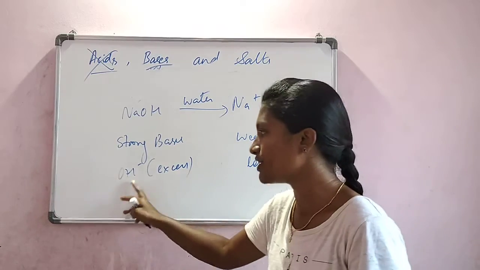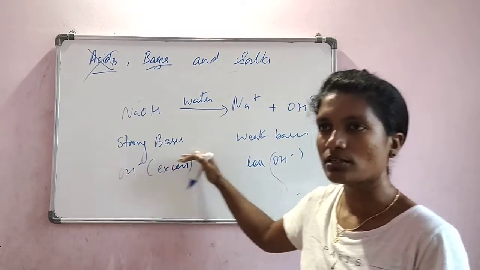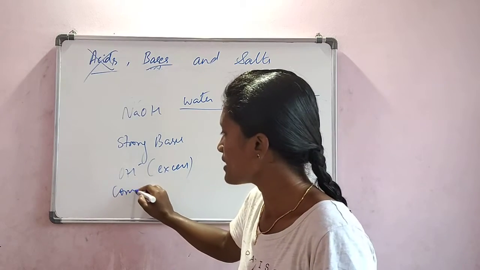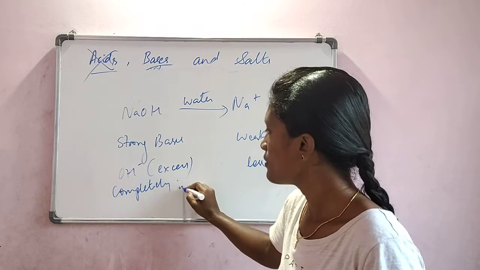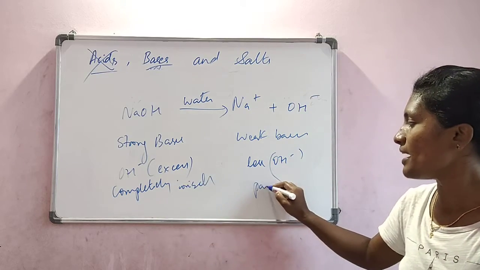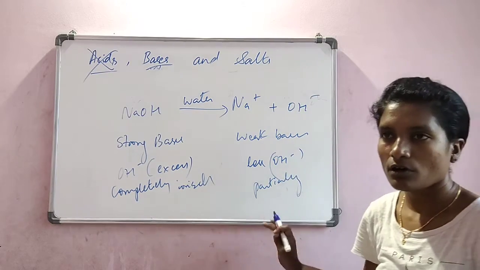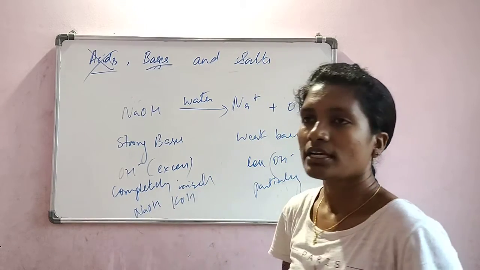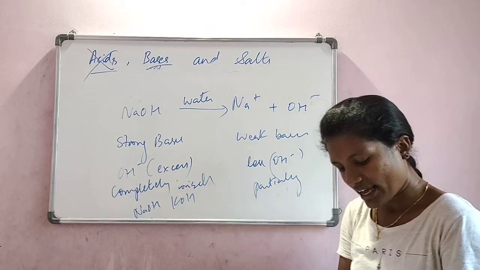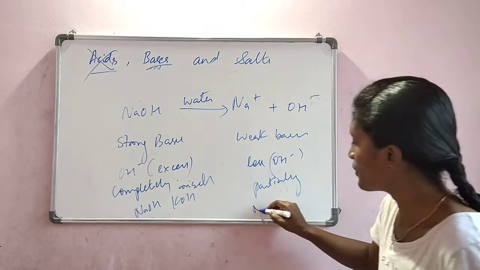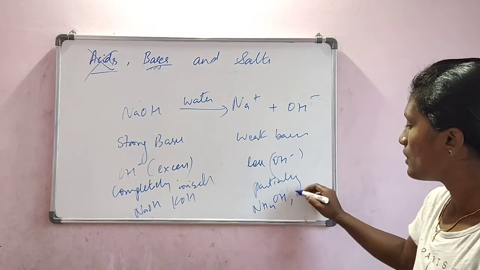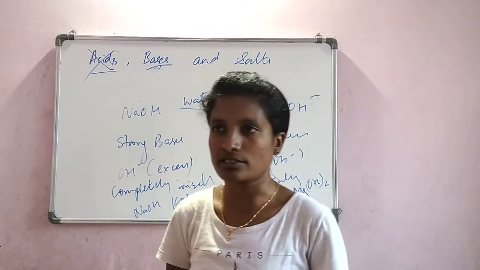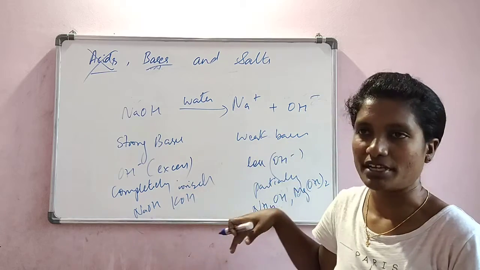The concentration of OH minus ion is excess in strong bases, less in weak bases, which is completely ionizing. Here it is partially ionizing. What are the examples? NaOH, KOH get completely ionized, whereas ammonium hydroxide and magnesium hydroxide get partially ionized. So this is about weak and strong bases.